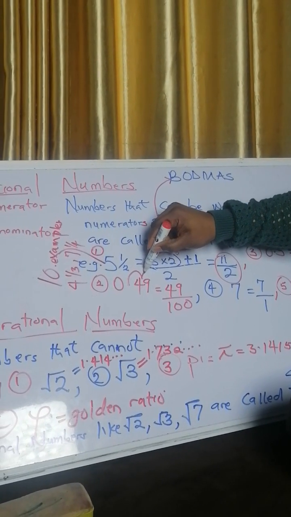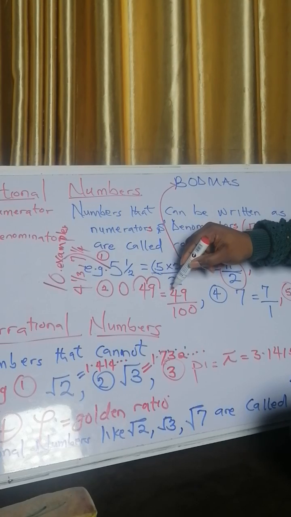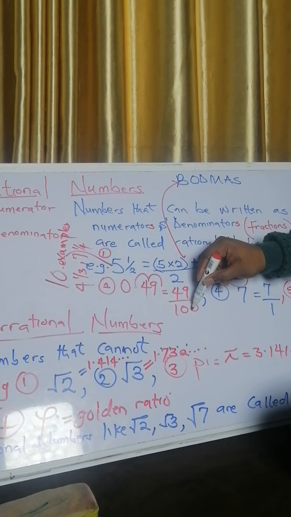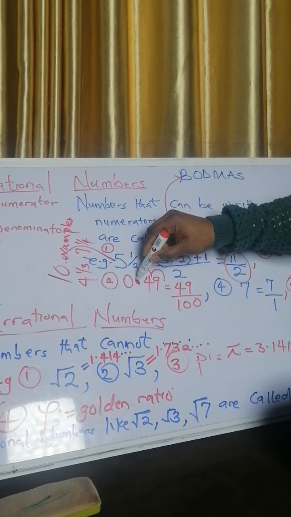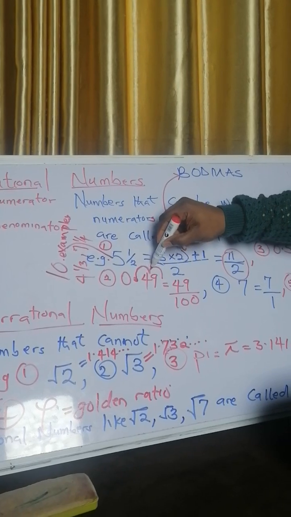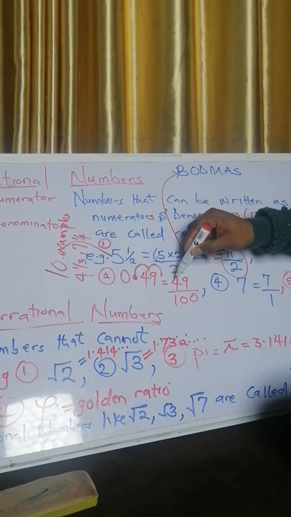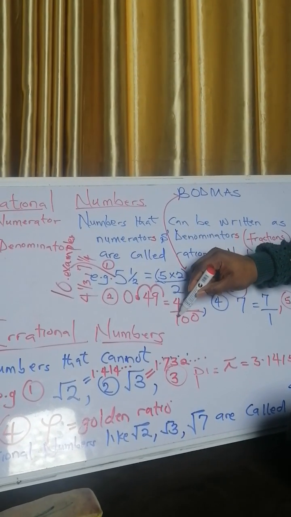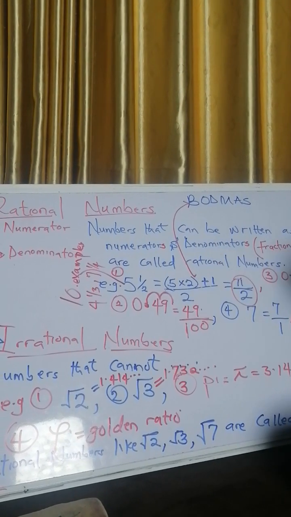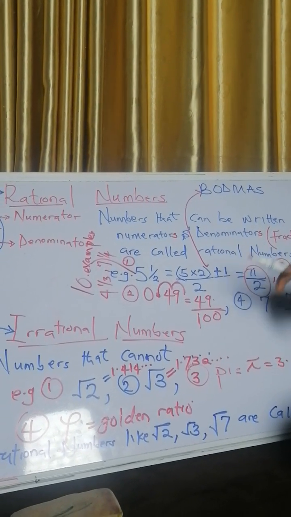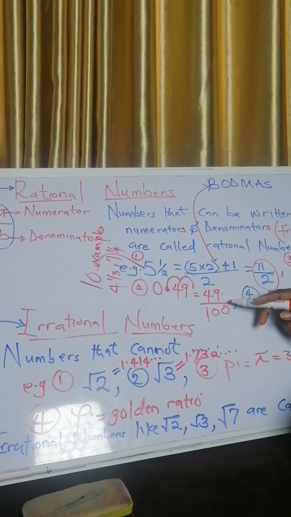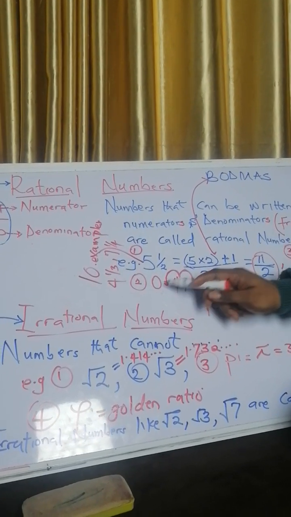If we move it 2 times, that would determine the number of 0s you will write at the denominator. I'm moving these points 1, 2, so it means you will write 49 divided by 100. Okay, if you press your calculator, 49 divided by 100, you will get this answer here.